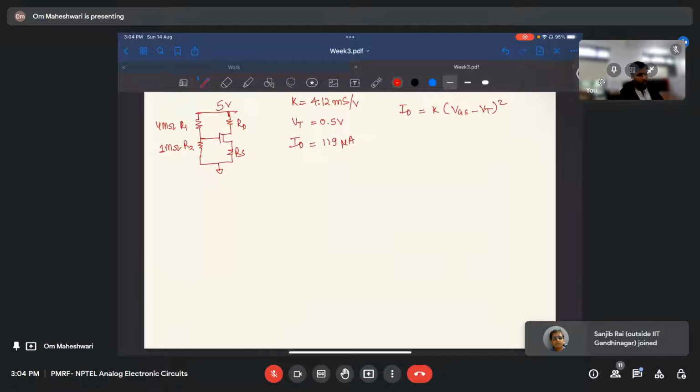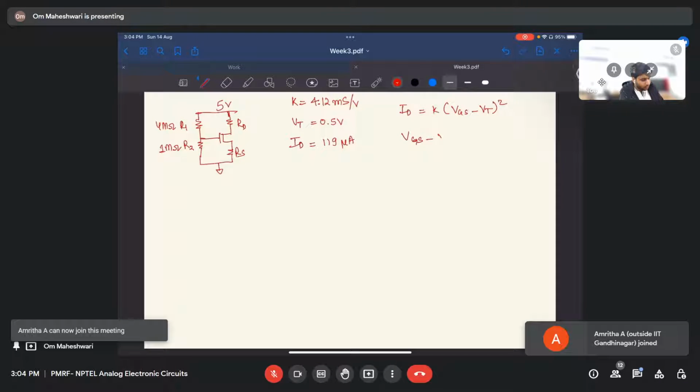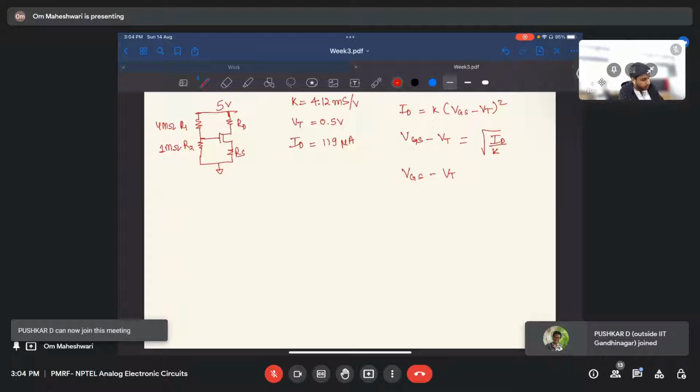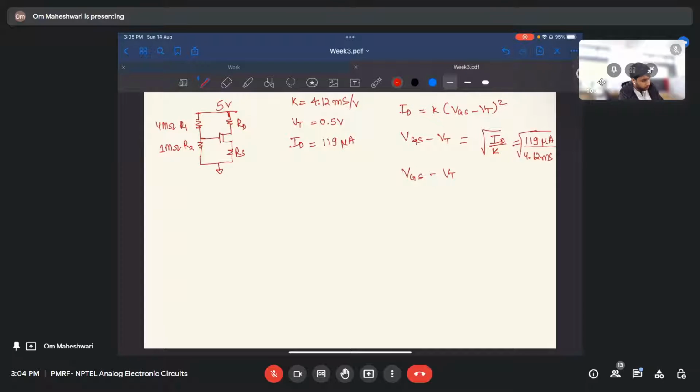VGS minus VT equals under root ID by K. So it will be under root 119 microamperes by 4.12 millisiemens per volt. It will be 0.17 volts if you solve this.